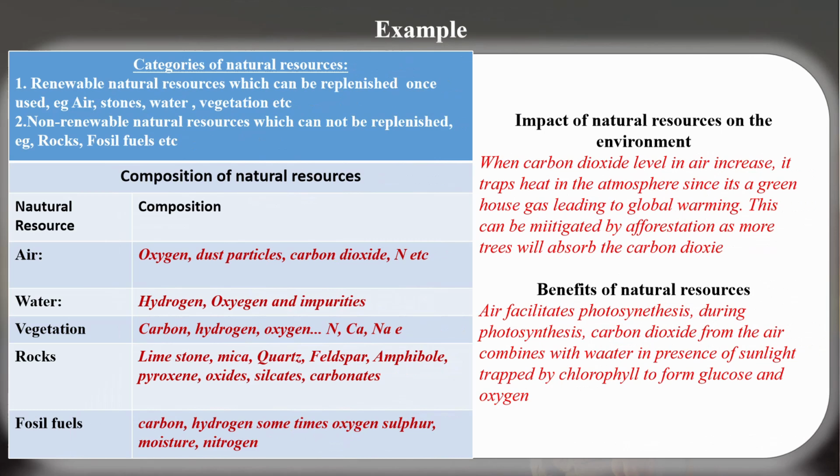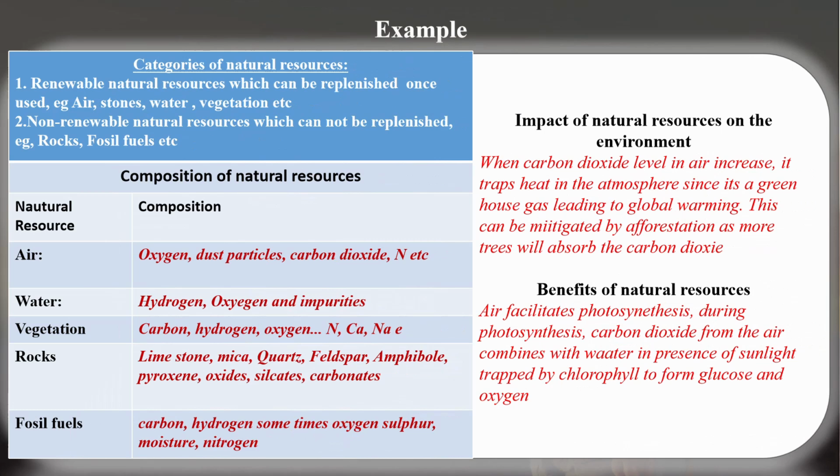Now, what is the composition of these natural resources? Air is composed of oxygen, carbon dioxide, nitrogen, dust particles, water vapor, and so on. Water is composed of hydrogen, oxygen, and other impurities. Vegetation, the trees, are composed of carbon, hydrogen, oxygen, nitrogen, sometimes calcium and sodium, and others.